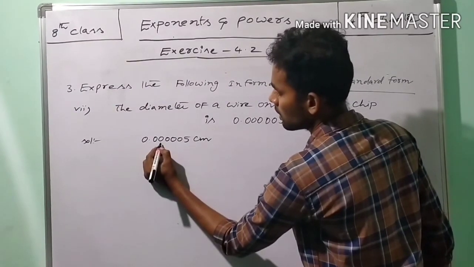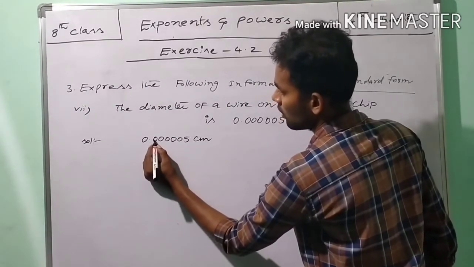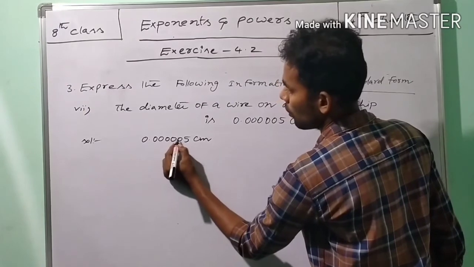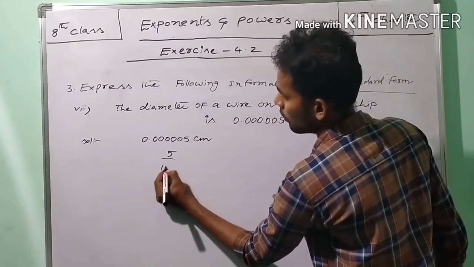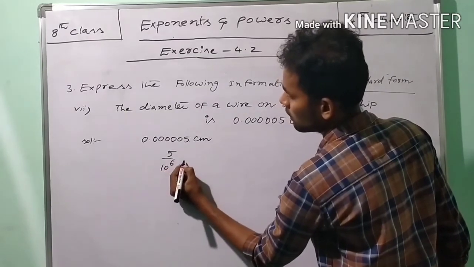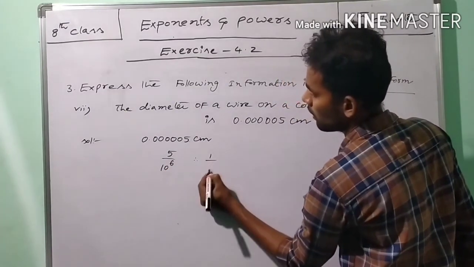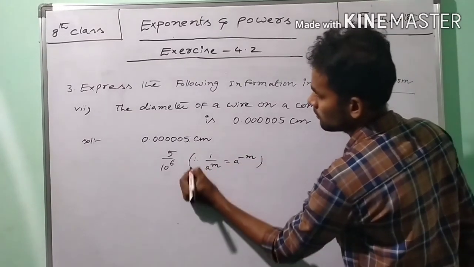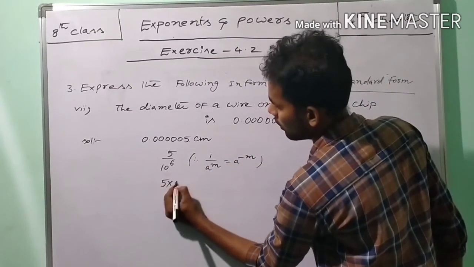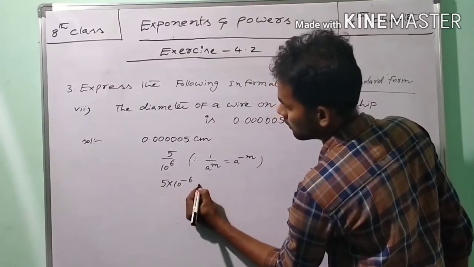Shift how many places towards the right side? 1, 2, 3, 4, 5, 6. So 5 by 10 to the power of 6. Therefore, 1 by a power of m equals a power of minus m. So 5 into 10 to the power of minus 6 centimeter.